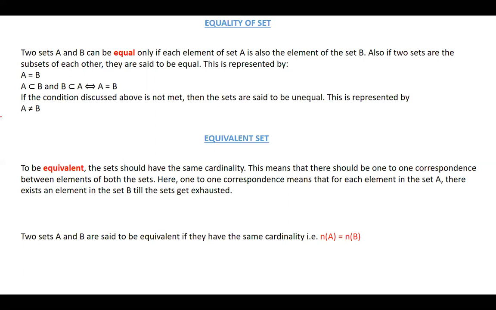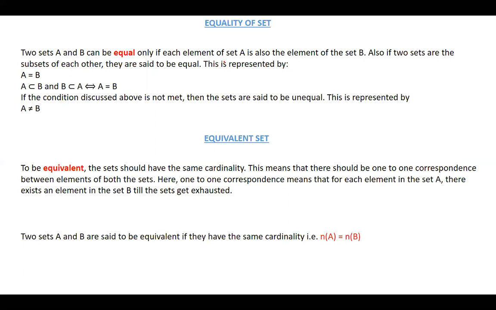Let's take for instance, we have two sets A and B, and these sets can be equal only if the elements of set A are also the elements of set B. Also, if two sets are the subsets of each other, they are said to be equal.